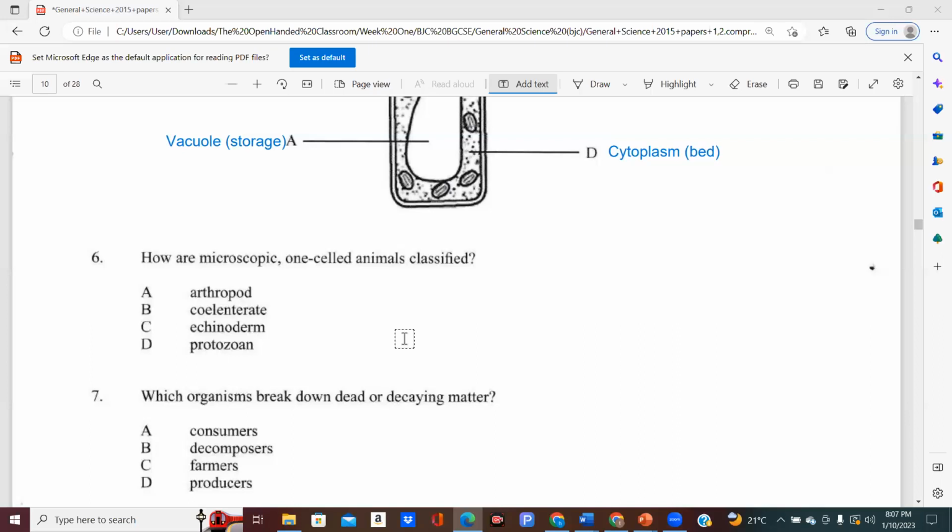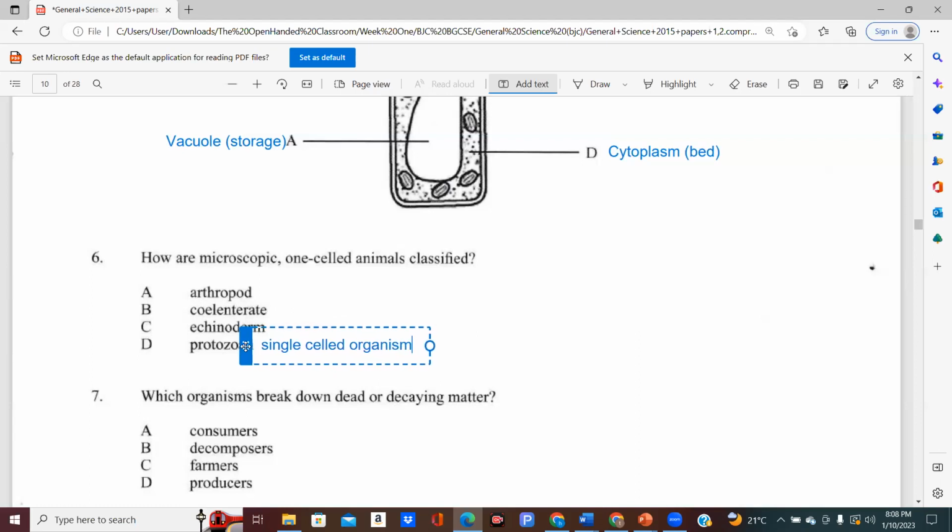Someone said C? No, it's not C. Is it D? Someone said D. Very good, Yolanda. It is D. D is a single cell organism.